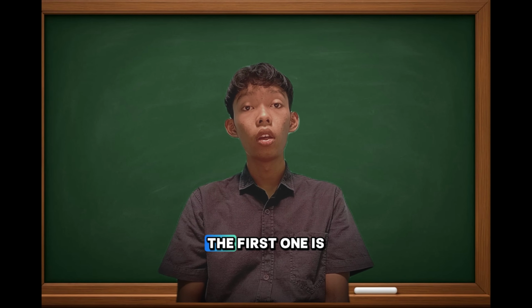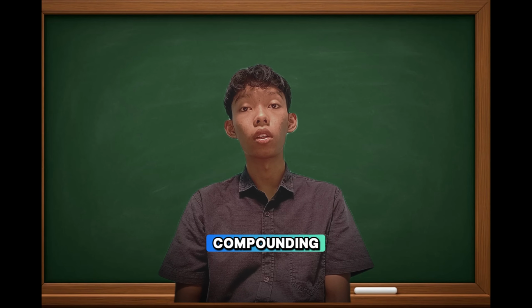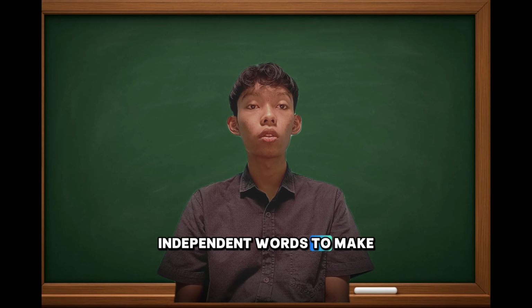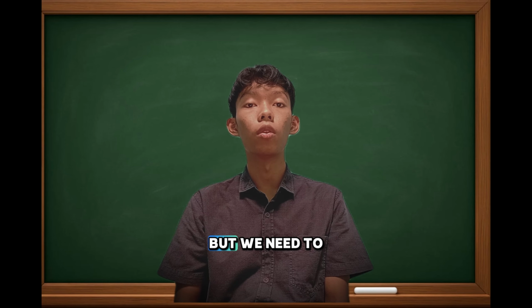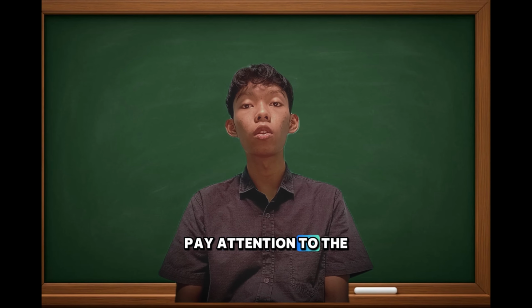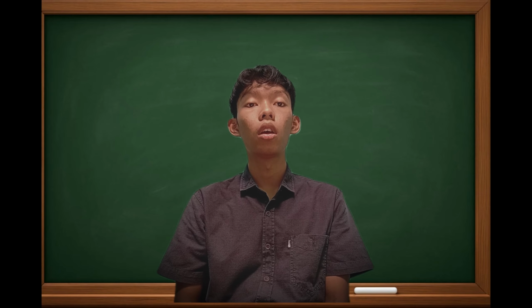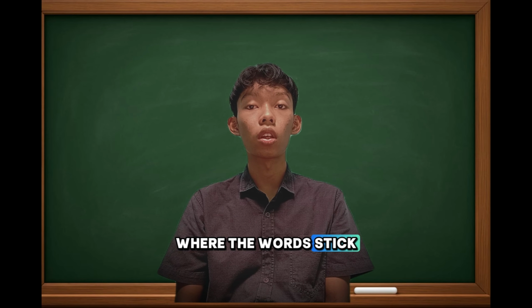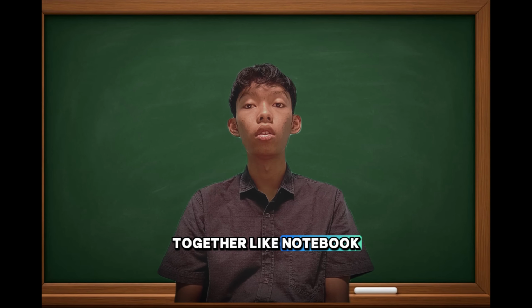Compounding. The first one is compounding. This is joining two whole independent words to make a new one, but we need to pay attention to the writing. It can be closed form, where the words stick together, like notebook.